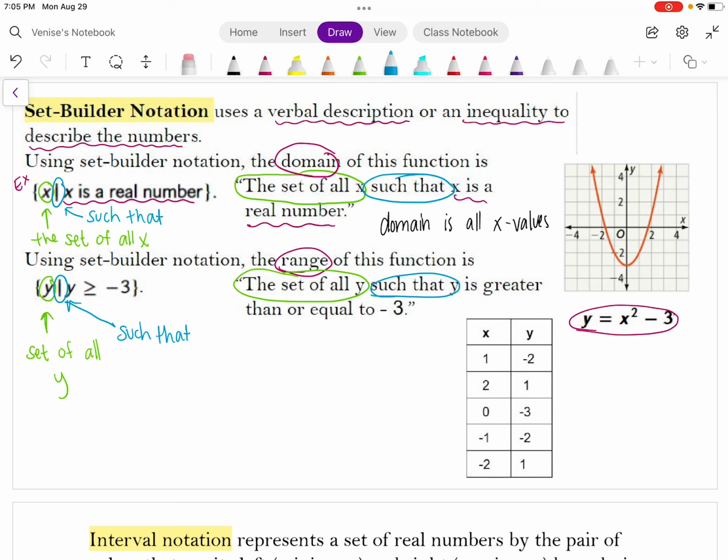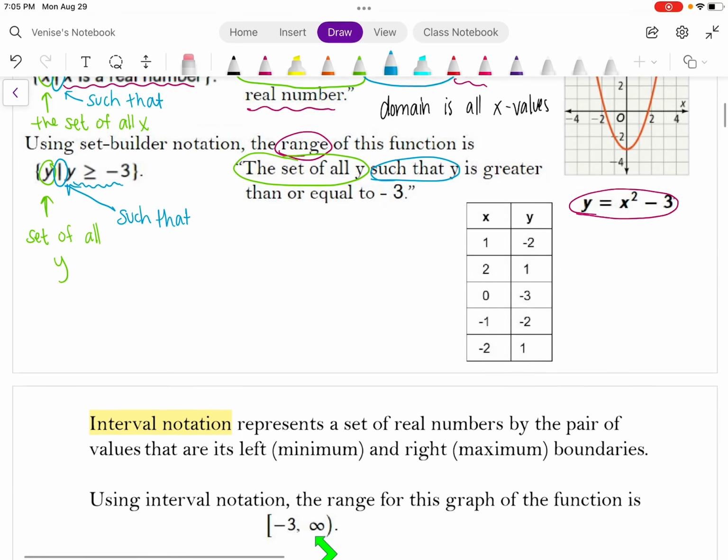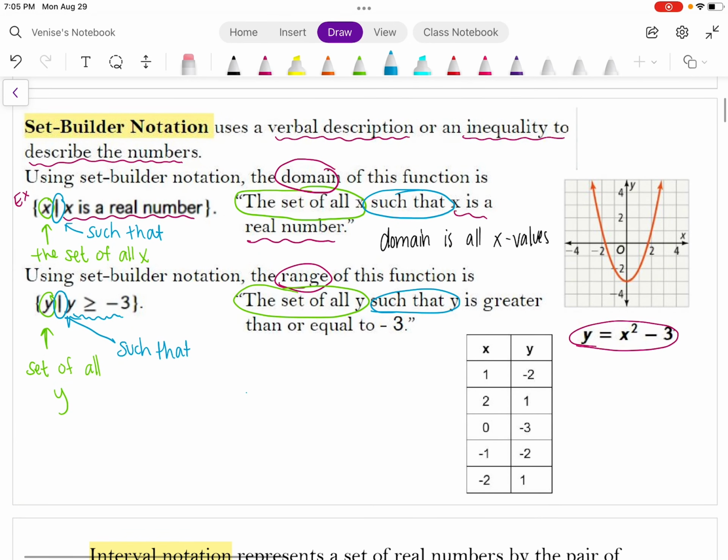So that means, look at over here, y is greater than or equal to negative 3. The range is going down, up. So this is the range, which is basically your y values. That's what it's saying over here.